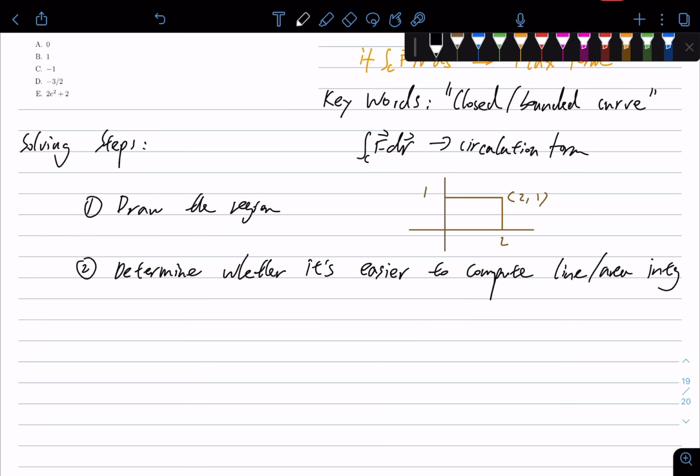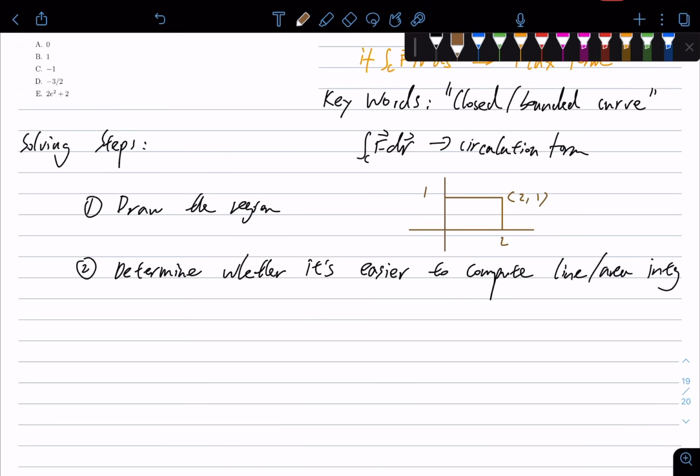Let's take a look. If I want to compute the line integral, how many line integrals do I need to compute? We have 1, 2, 3, 4. Four line integrals to compute. That means four different parameterizations and four different integrals to compute. Well, that's not really easy to do.